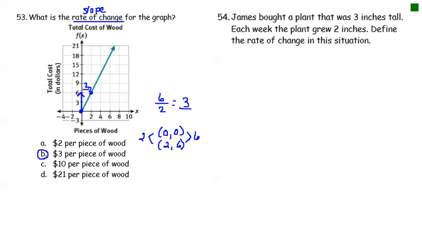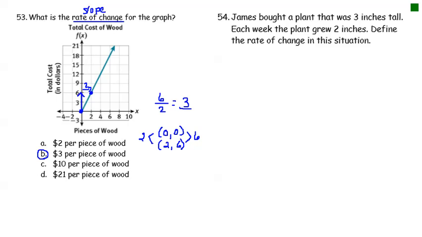Alright, moving on to 54. We've got James bought a plant that was 3 inches tall. Each week the plant grew 2 inches. Define the rate of change in this situation. Okay, so what we want to know is, what is the slope here? What's happening over and over and over again?